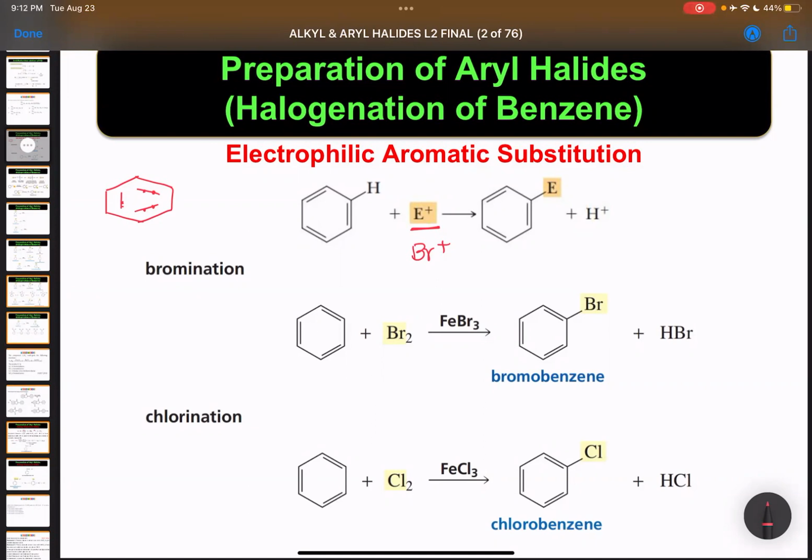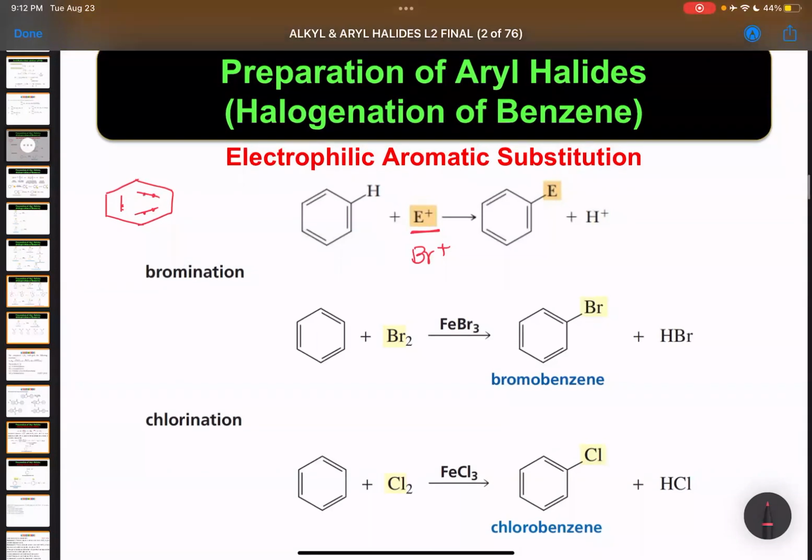If you treat bromine with sunlight, the Br2 breaks and you get a Br radical, which has 1 electron. But for reacting with benzene, this electrophilic aromatic substitution, you need to generate a Br plus. And how do you generate Br plus from Br2? That's very simple. You take a Lewis acid catalyst, right? Yes, sir.